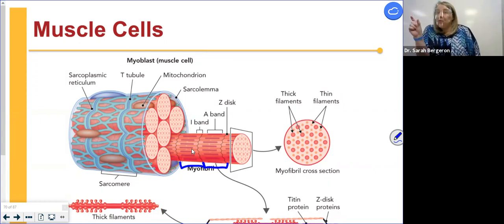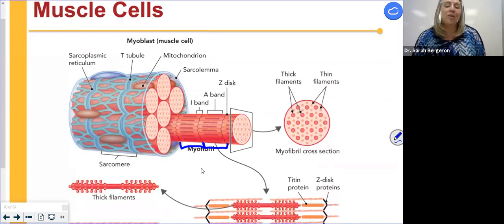Sarcomeres are microscopic, but if every sarcomere in every myofibril, in every myoblast, in every fascicle in your entire muscle contract all at the same time, all those teeny, tiny contractions put together end up making the muscle contract.